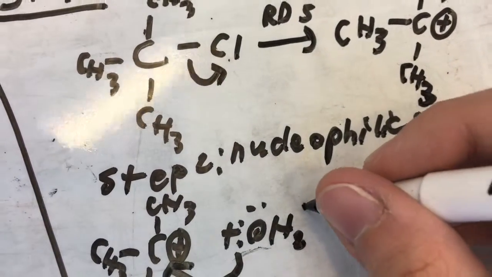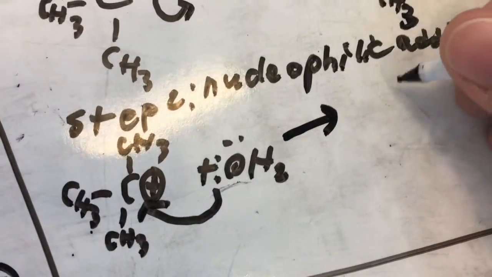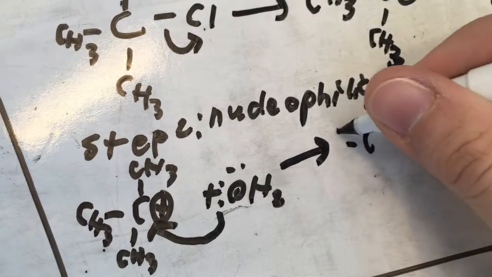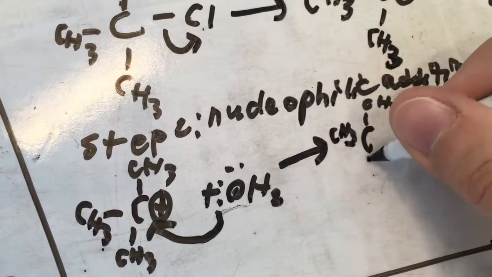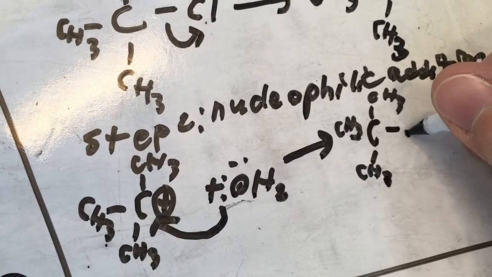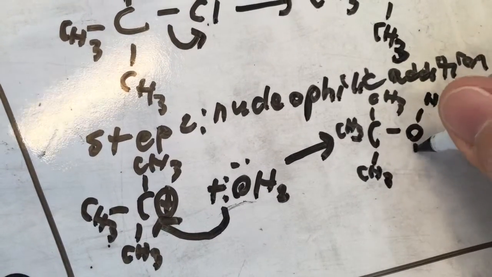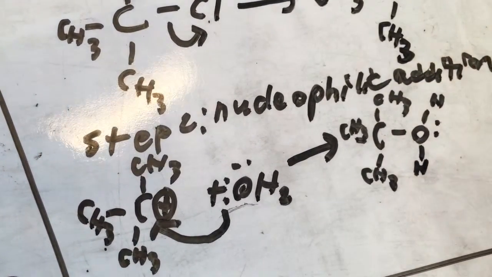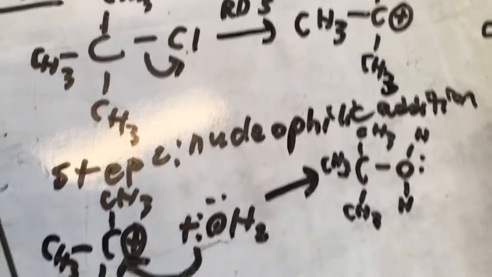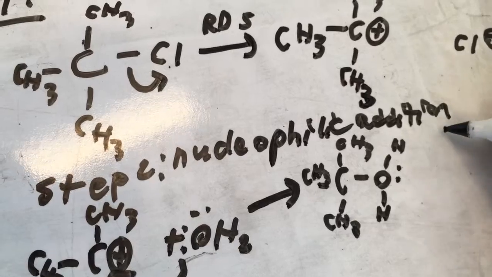Now what we get is C, CH3, CH3, CH3, and then we have O, H, H. And now we do our third step, proton exchange or deprotonation.